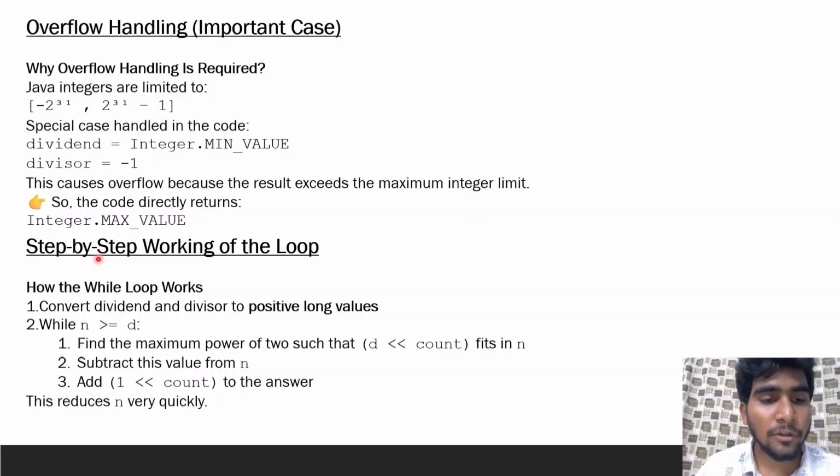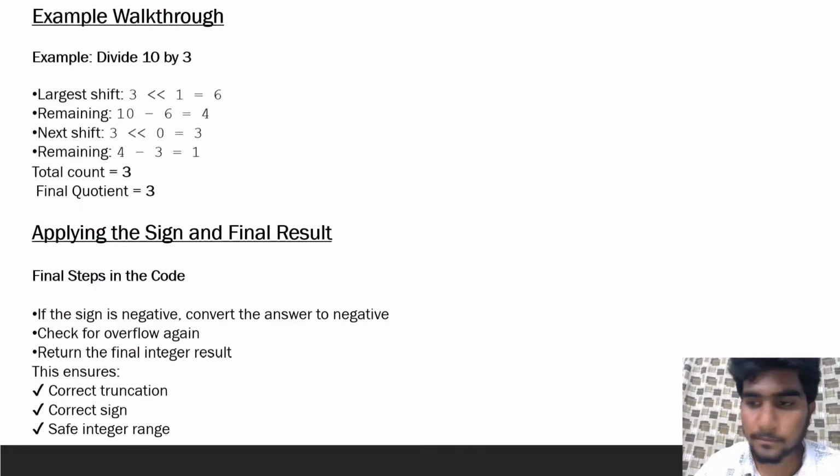Now we look at the step by step working of the loop, how the while loop converges. Wait a minute, first we look at some example, and then we go to our code. Given divide 10 by 3.